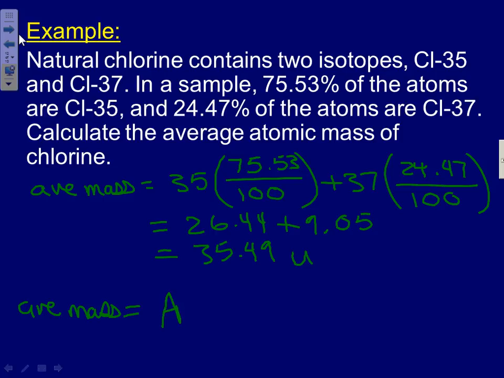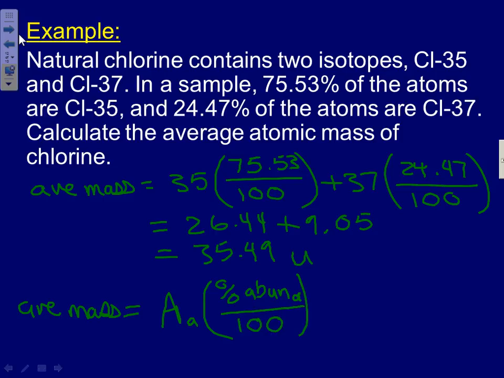And I'm going to call that the mass number of element A. So I put a subscript, little a, to represent that it's the first one, times the percentage abundance. I'm just going to put abun. The percentage abundance tells us how much there is of each one. So it's the percentage abundance of A. See, I put a little subscript A divided by 100.